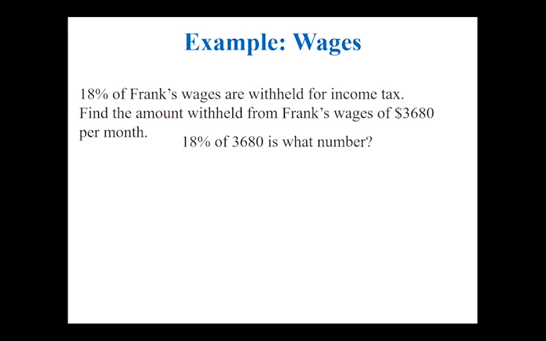of 3,680 is. So when we have a word problem involving percent, the first thing that we have to do is build one of these sentences that we've been working with. In this case, we want to answer the question 18% of 3,680 is what number?